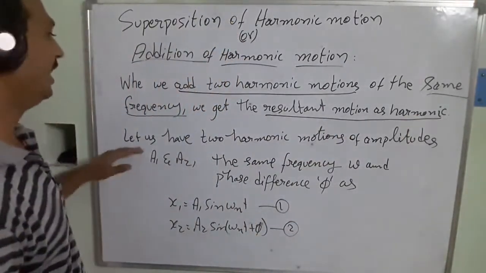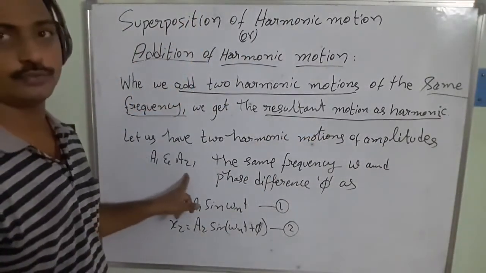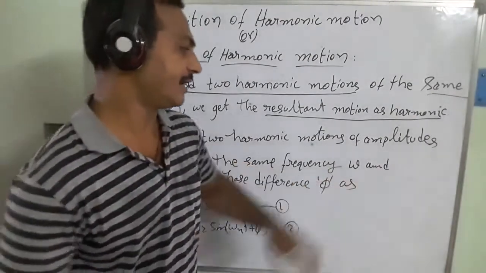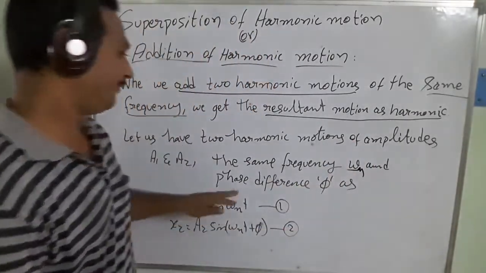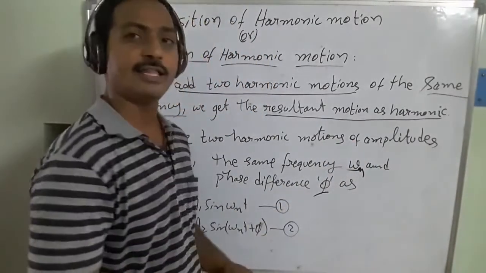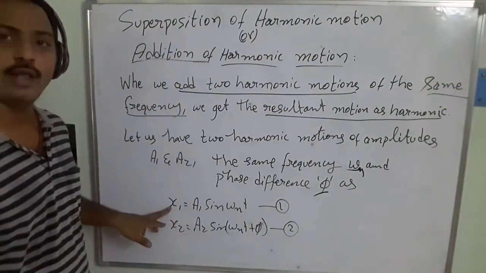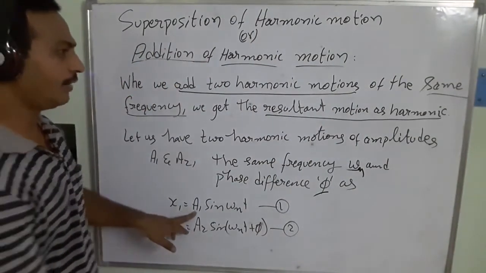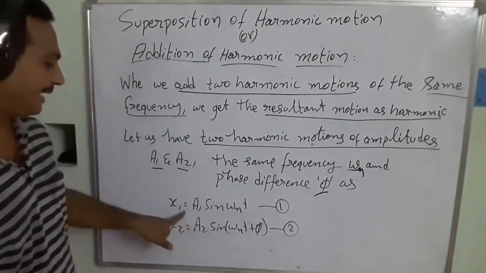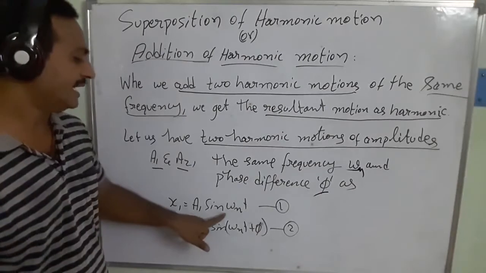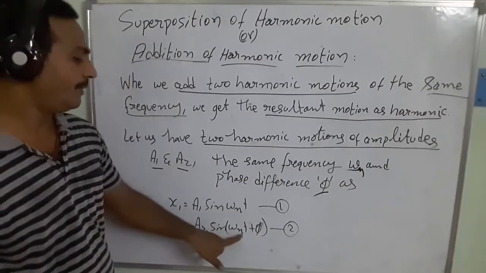Let us have two harmonic motions of amplitudes A1 and A2, with the same frequency omega n, and a phase difference of pi. We define the displacements of the particle as x1 and x2. x1 is equal to A1 sine omega nt, and x2 is equal to A2 sine of omega nt plus pi.